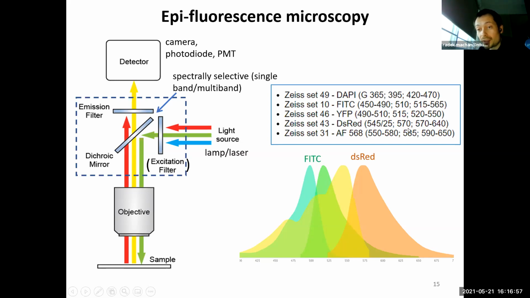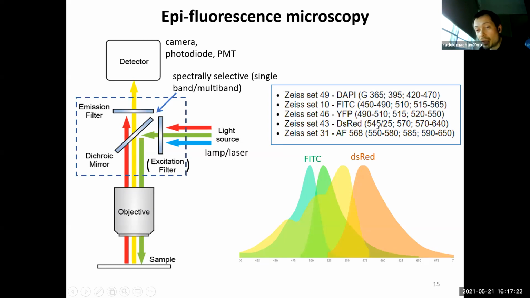Similarly, this DS-red filter again will work very well for DS-red, which is not too surprising. Here you see a slightly different notation. So sometimes the filters are described in a range of wavelengths where they transmit. And sometimes there's this notation of the central wavelength slash the width.